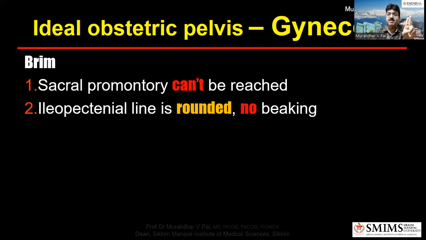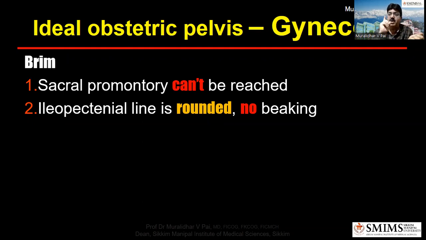So these are the two important points at the level of brim. And that is more than enough actually, because it is believed if there is no contraction at the brim, very, very rarely will there be contraction at the mid cavity and the outlet. So that's why these two points are very important.